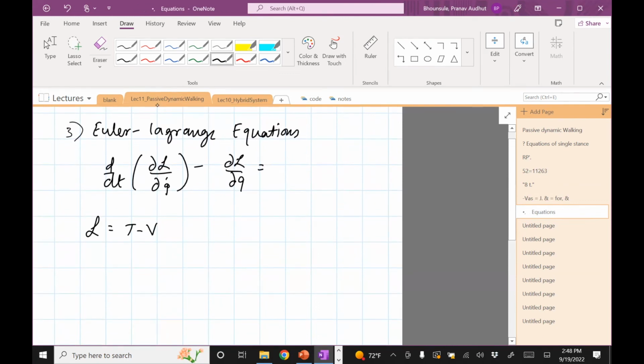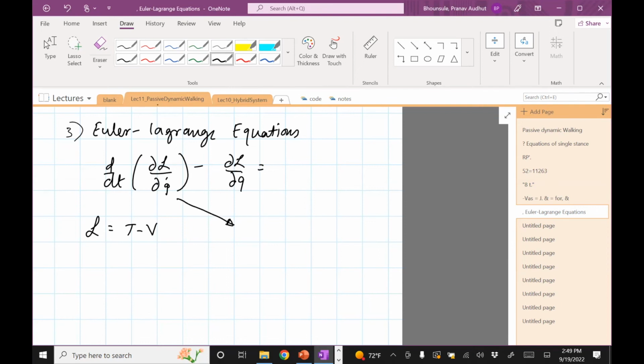Now all these things are equal to the constraints or the external forces. In this case, because we've used a floating base, you have to account for the external forces which keep the leg grounded.